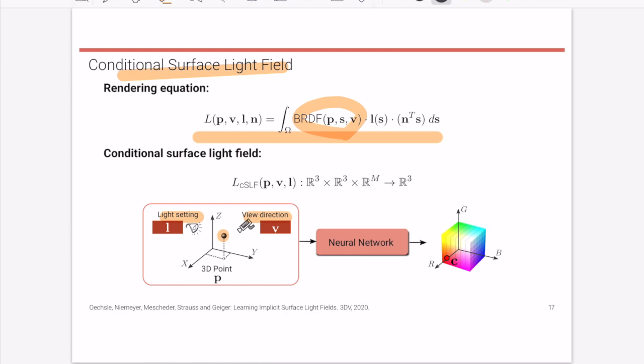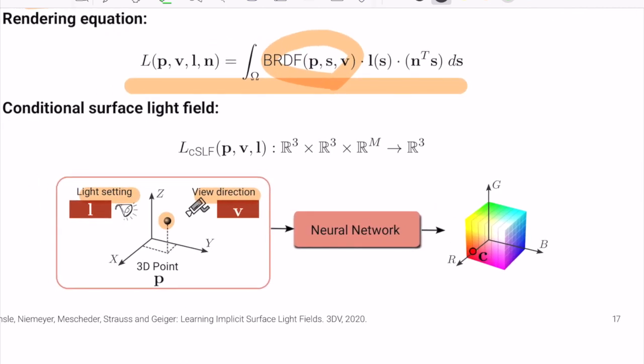Then, if your neural network can estimate the color value directly given point P and light source L and V, then this neural network can model 3D color representation or the texture representation, comparable to the geometry representation.